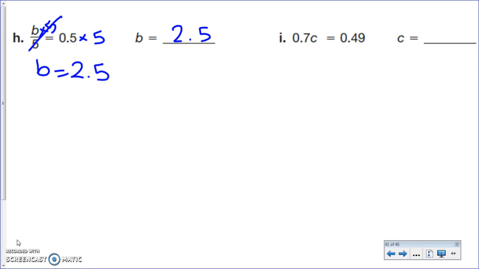For i, we have 7 tenths times c equals 49 hundredths. We're going to divide both sides by 7 tenths to get c by itself.